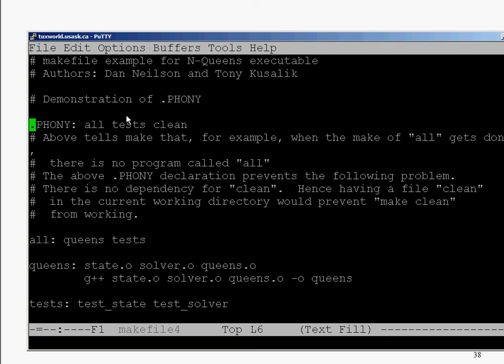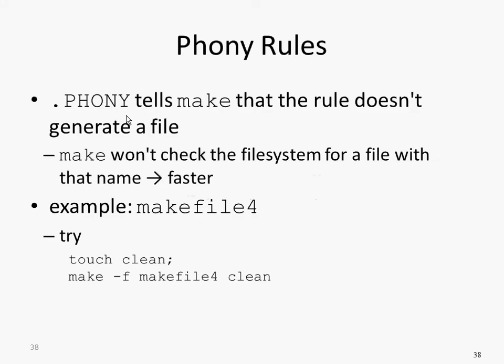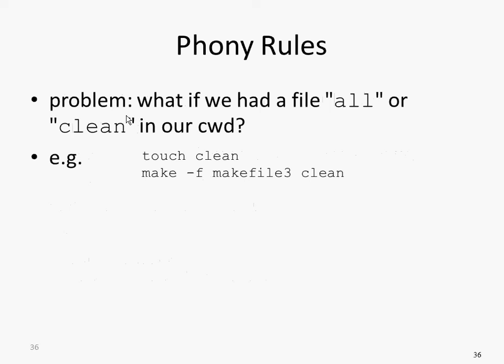So this declaration states up front which targets aren't really files. They're more actions or commands that we give it. You would do that for things that might be directories as well. So .PHONY rules allow you to prevent these automatic remakes.